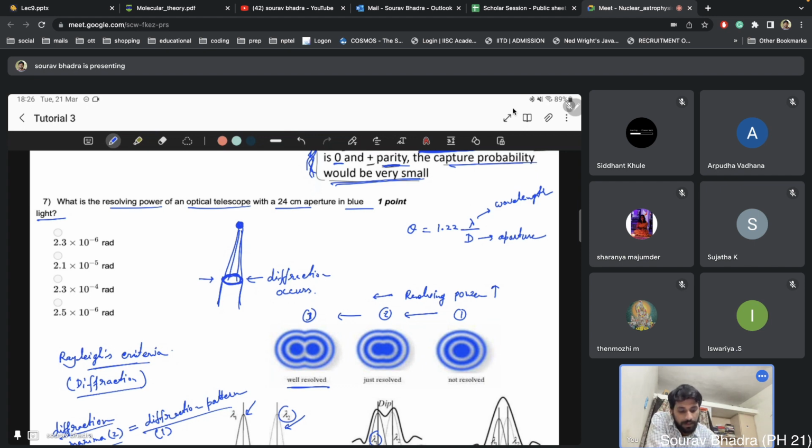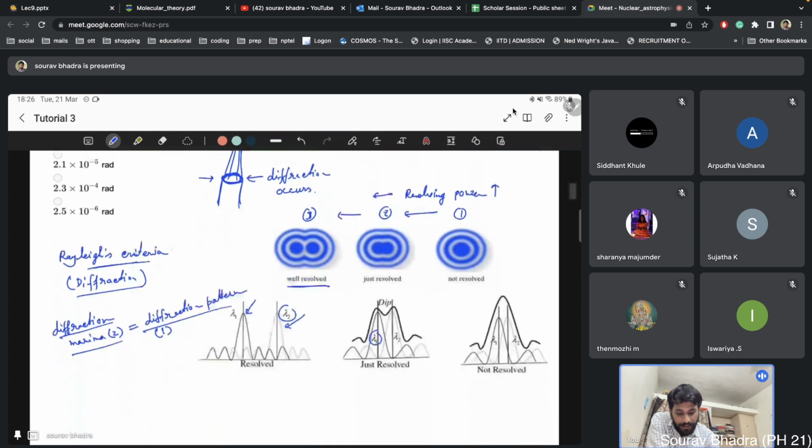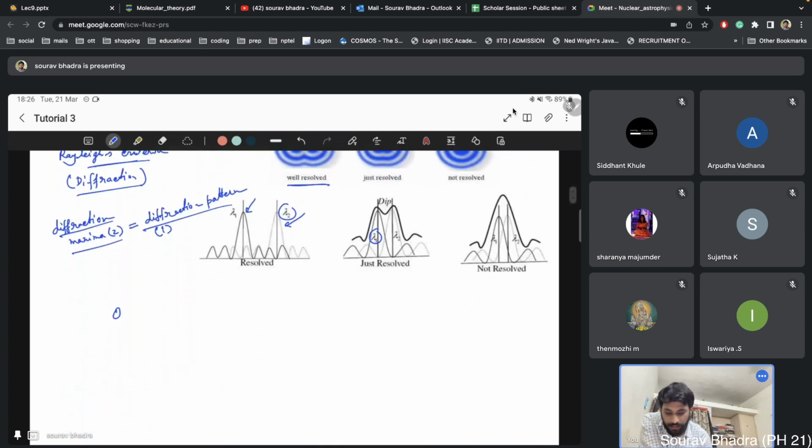Now you have everything in your hand, you just have to calculate. Theta is 1.22 lambda by d. For blue light, lambda lies in the range of 450 to 495 nanometer.